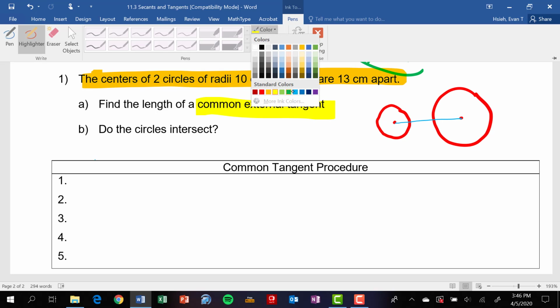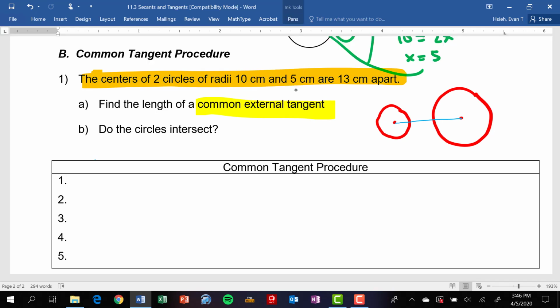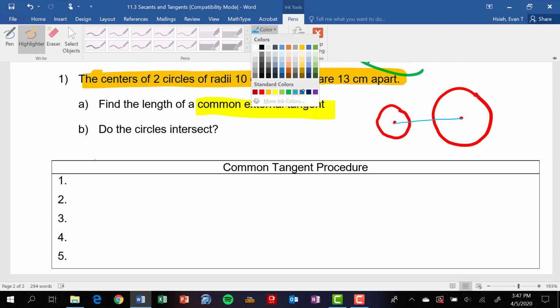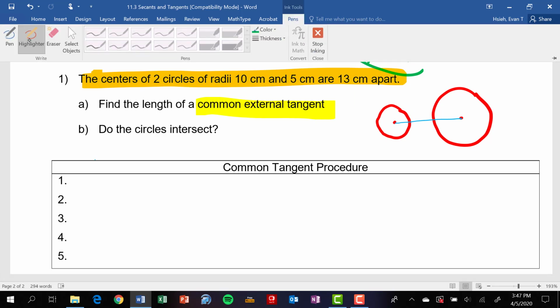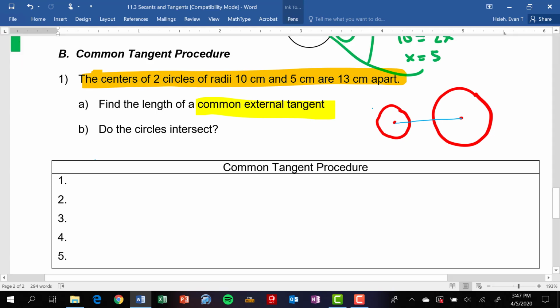So the common external tangent is going to be the tangent line that's in common between the two, and it's going to be on the outside. It's going to be on the external. Okay, so it's going to look something like that. That's the length of the common external tangent, and I'm trying to find the length from this point to this point right there.